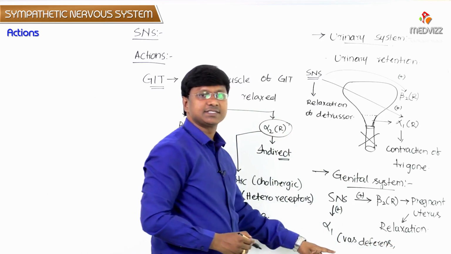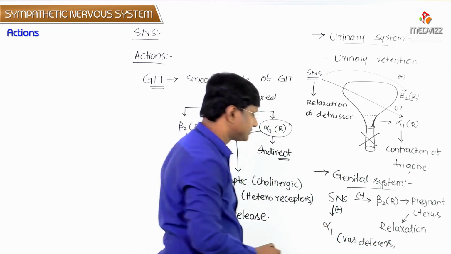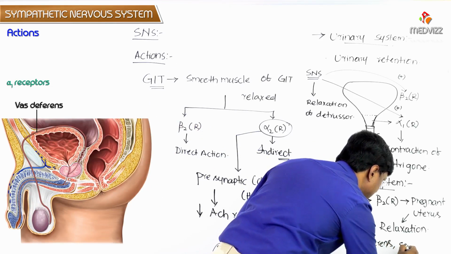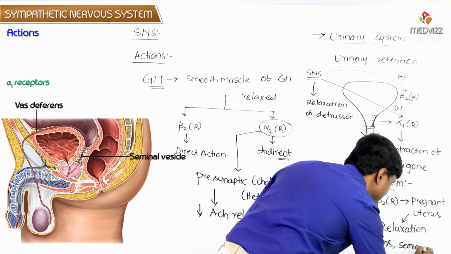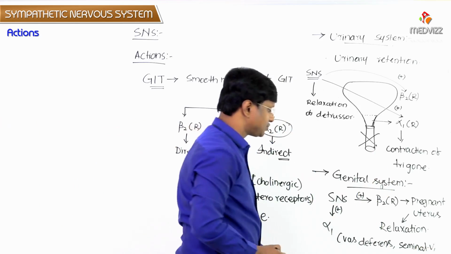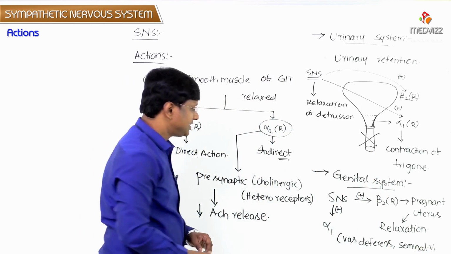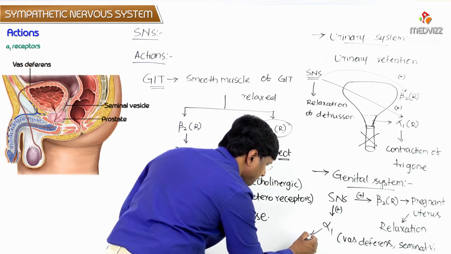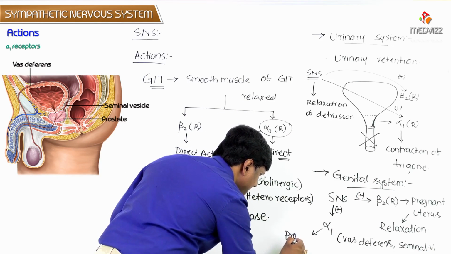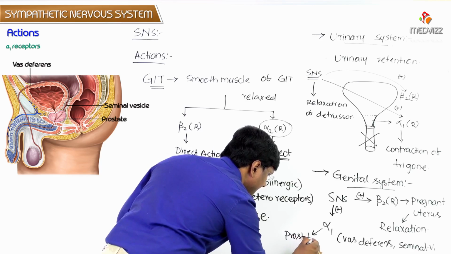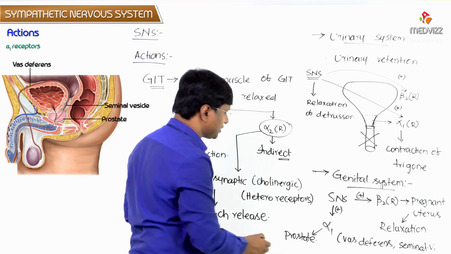They are present within the vas deferens. They are also present within the seminal vesicles, and they are also present within the prostate.